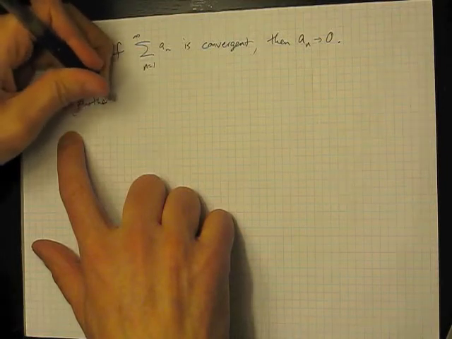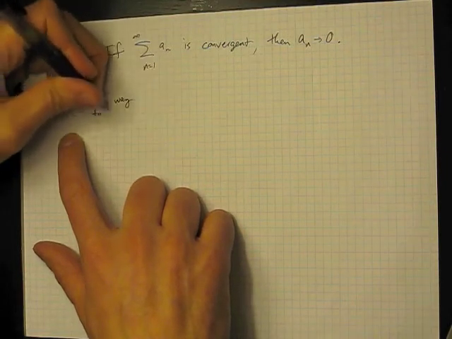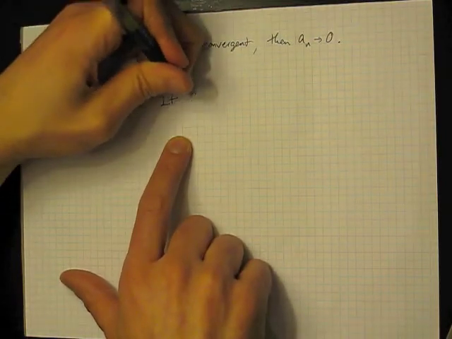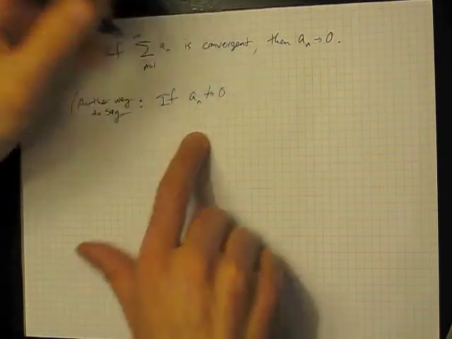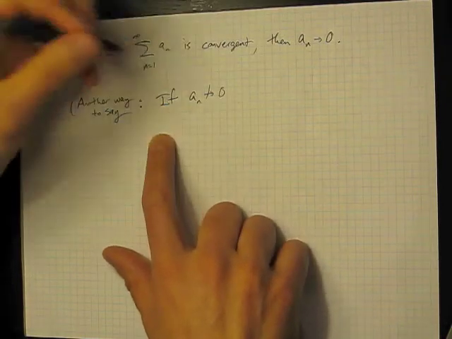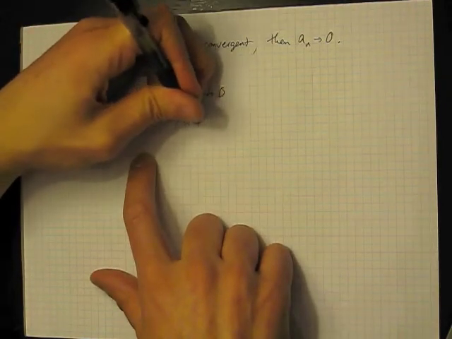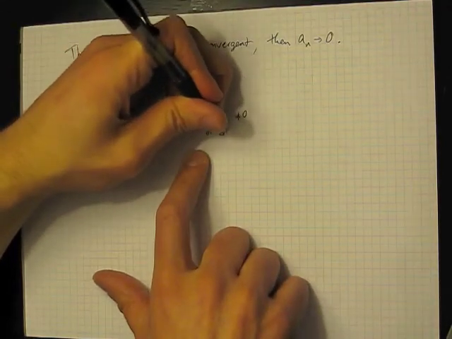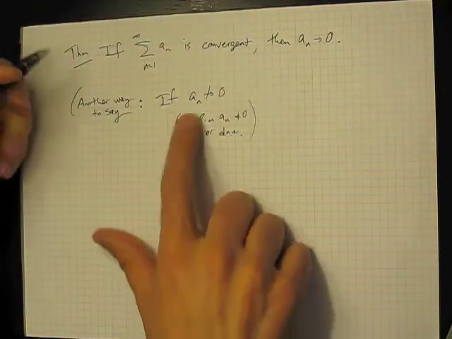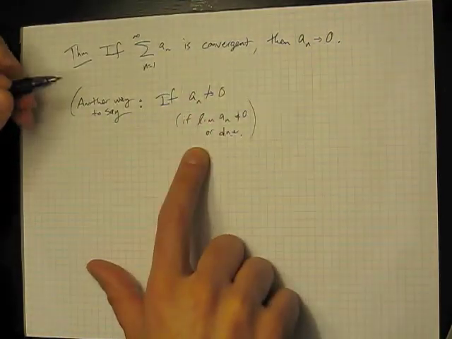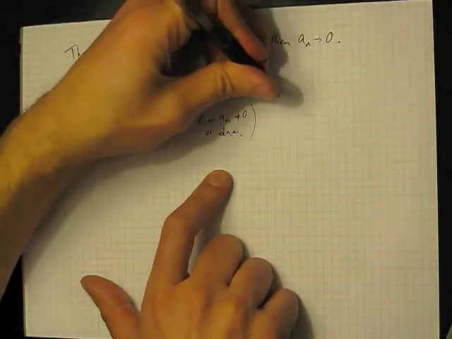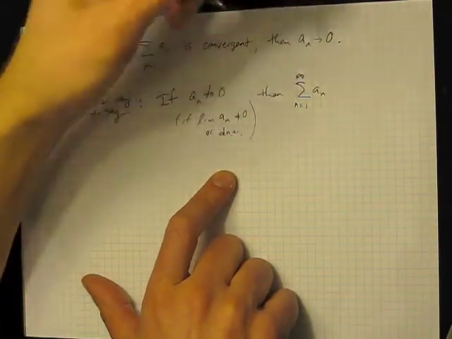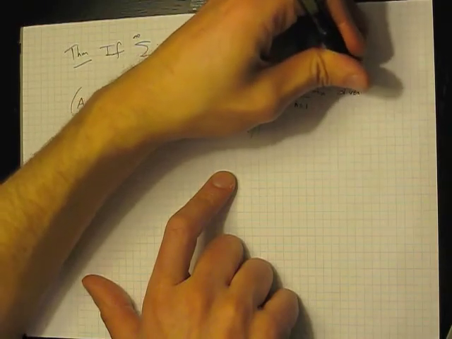Here's another way to say this: if the terms of your series don't go to 0, that means if the limit of the a_n is not 0, or if it does not exist, then the series diverges.